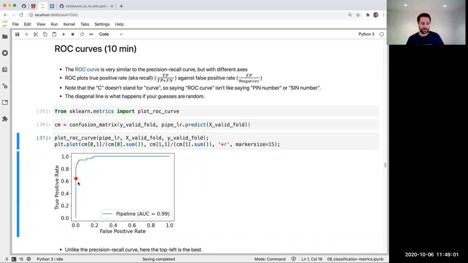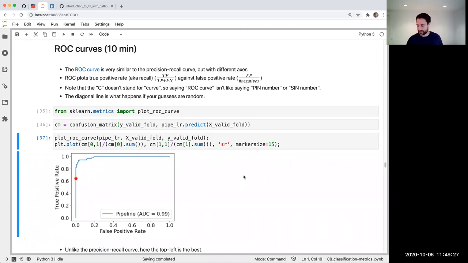So here we're saying our recall is 64%, but we're not having a lot of false alarms. Here we're saying our recall is now higher, say 90%, but 20% of the alarms we're raising are false alarms, et cetera. And we can adjust this by moving the threshold.